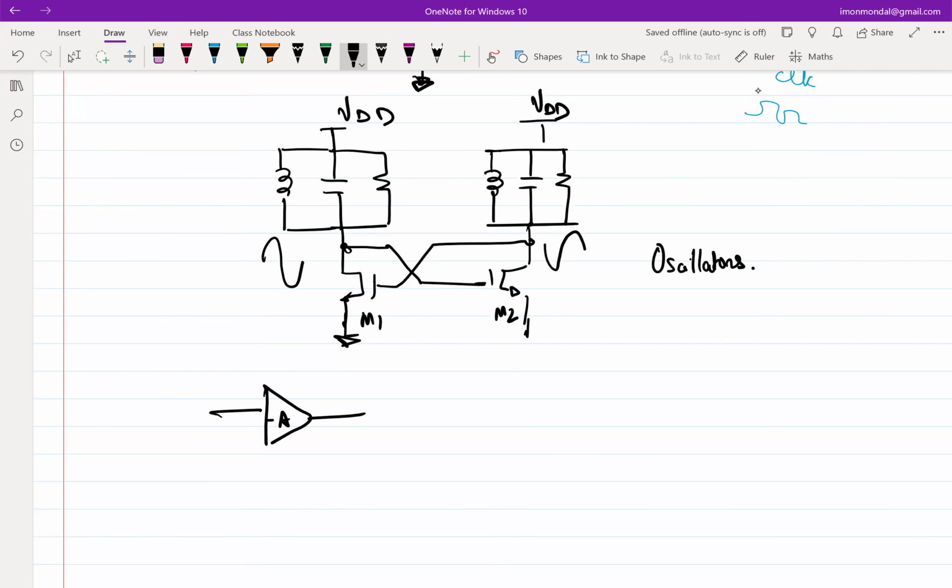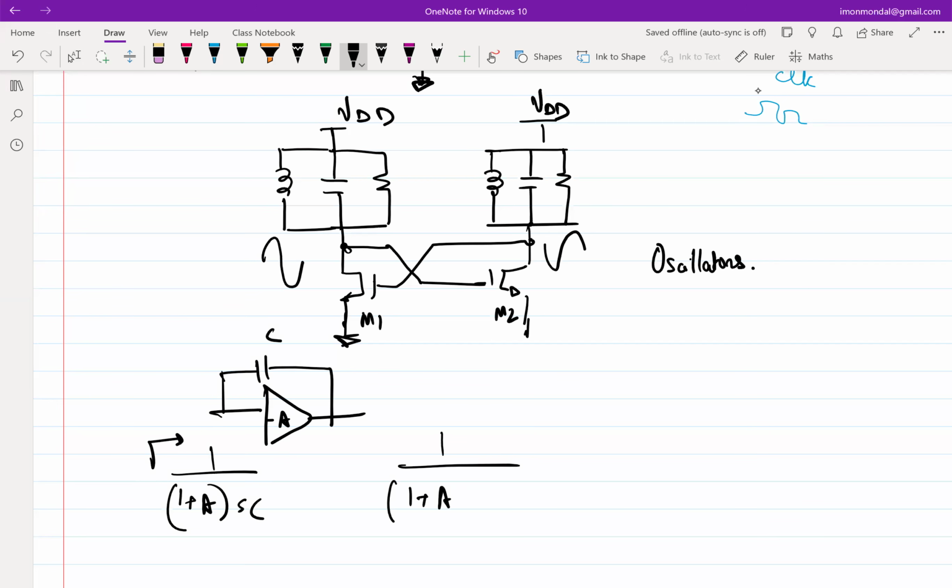So you are assuming that you have a C. The impedance that you are seeing is 1 by (1 plus A) times SC, right? What if A is a function of frequency? Which it will be, because ultimately you are making it through devices, right? So basically (1 plus A of S) times SC. Now looking in, is the impedance a capacitor?